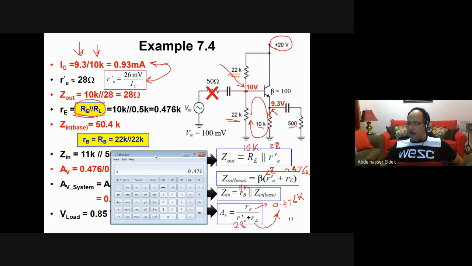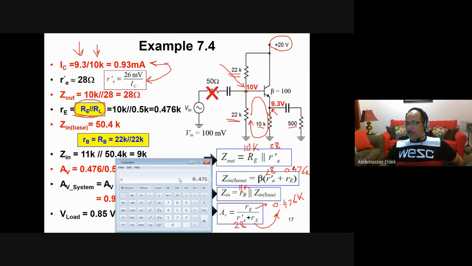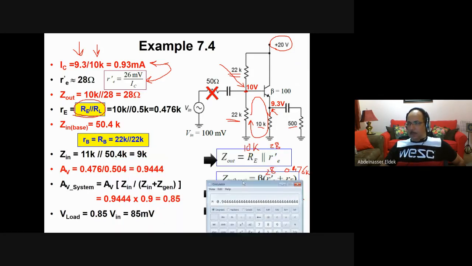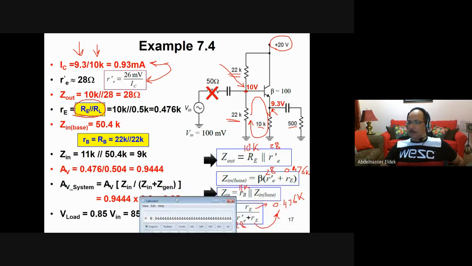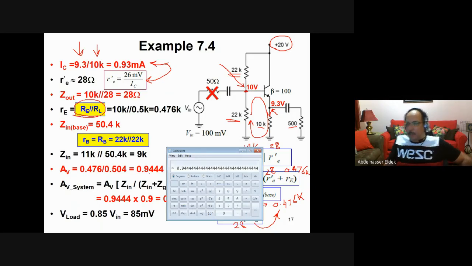Talking about this equation here, AV equals 0.476 divided by open bracket 0.028 plus 0.476, equals 0.944, almost 1. Where is the AV? Yes, here is AV. AV is 0.944.